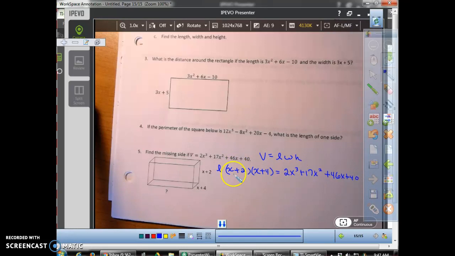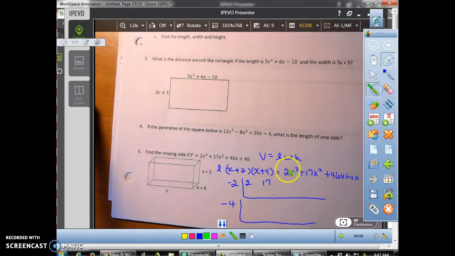If I do it from right here, I can say this factor has negative 2 as a root, and this one has negative 4 as a root. I'm going to stack it like this, like we've done in class. I'm just using these coefficients: 2, 17, 46, 40. I have all terms present.